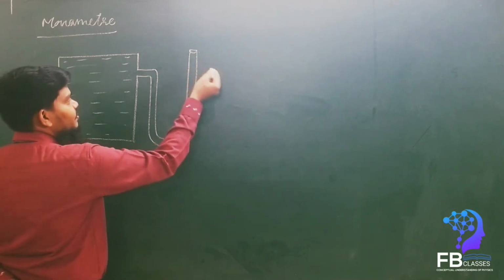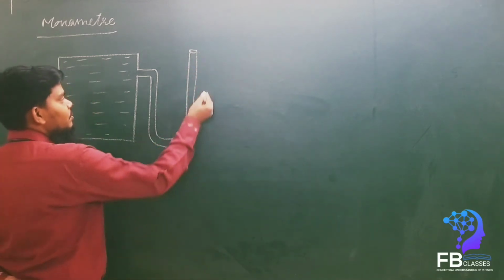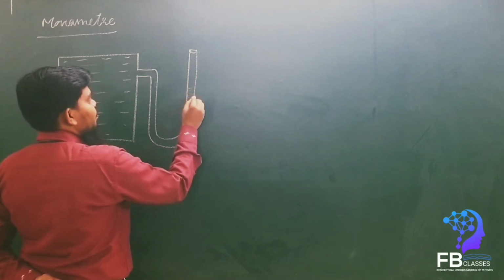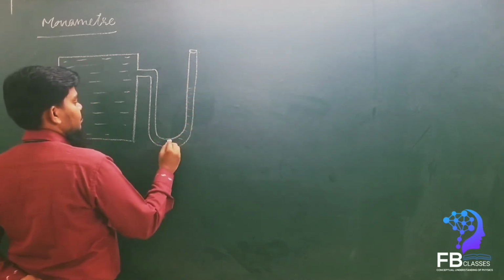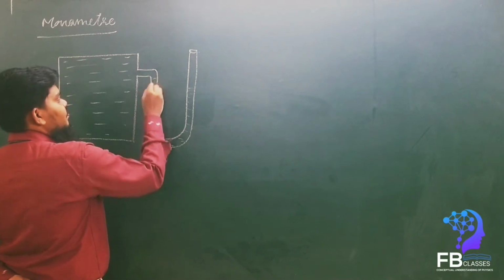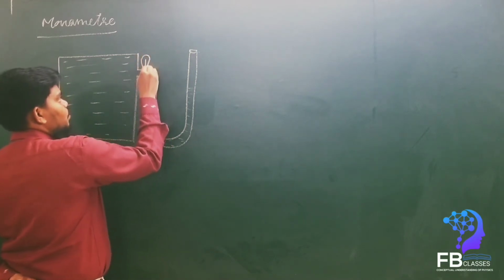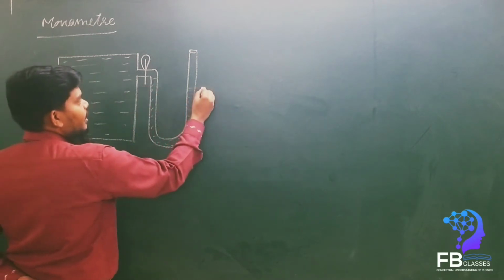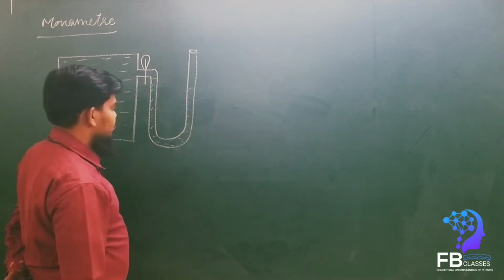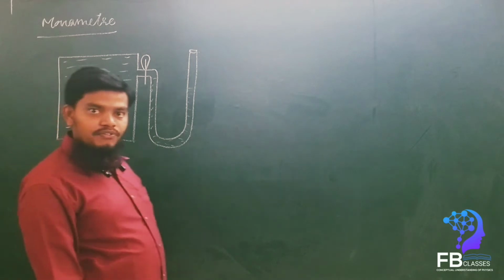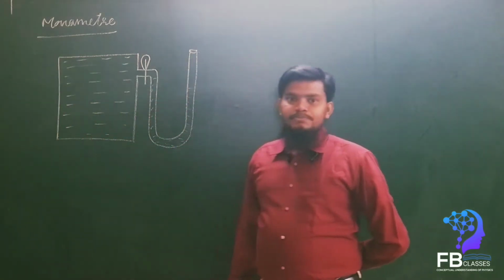This tube will be filled with mercury. Let the mercury be up to here. Now here there is a wall. Now the height of the mercury, this is the construction of the manometer.